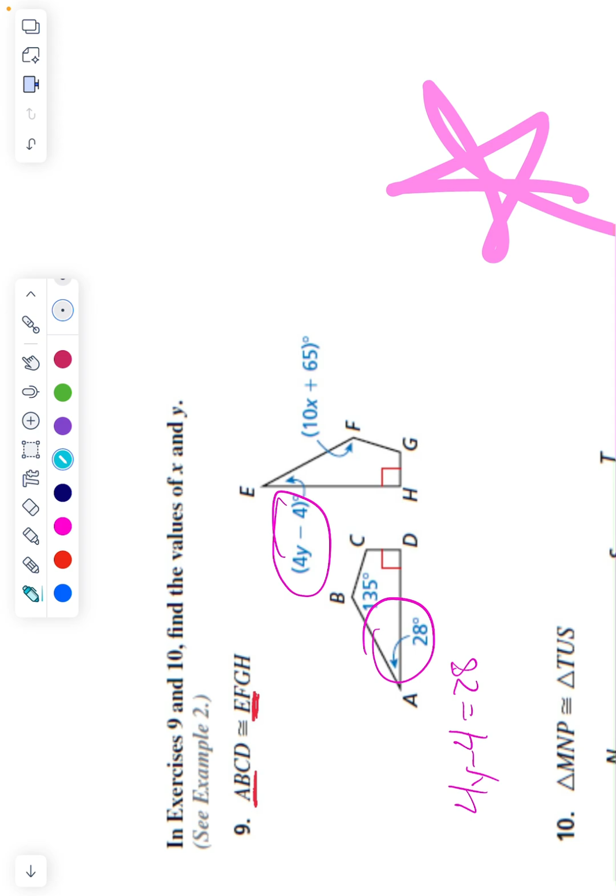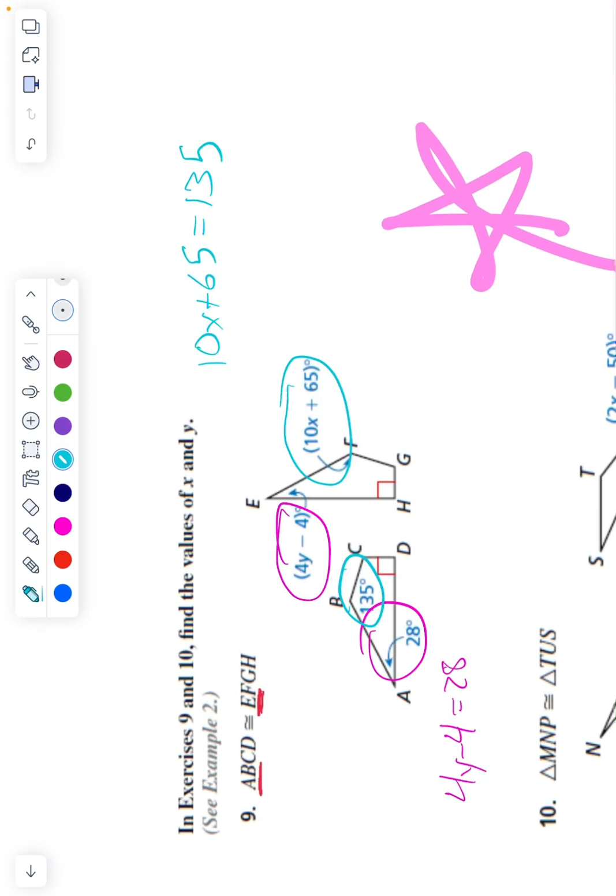So what do we use to describe that? Corresponding angles, right? Corresponding parts. How do we solve for x? 135 equals 10x plus 60, because they are corresponding parts. Good. Okay.